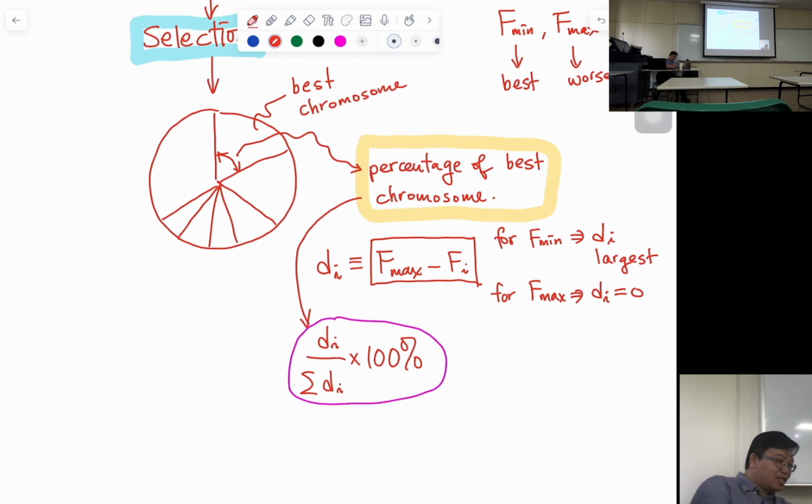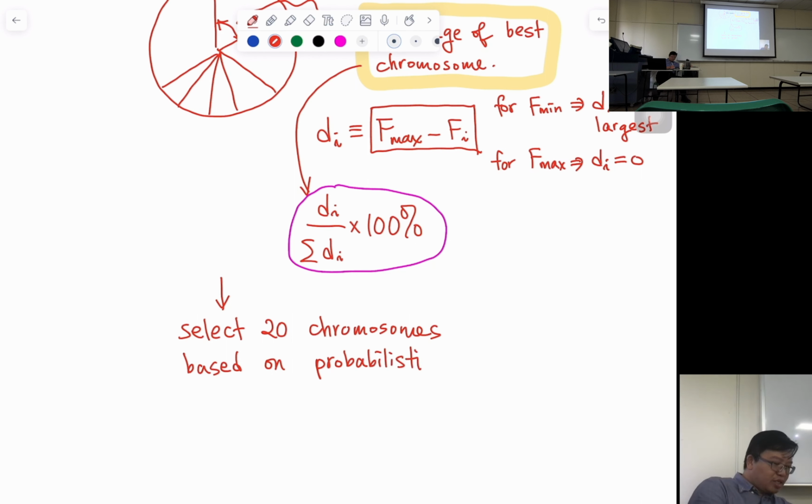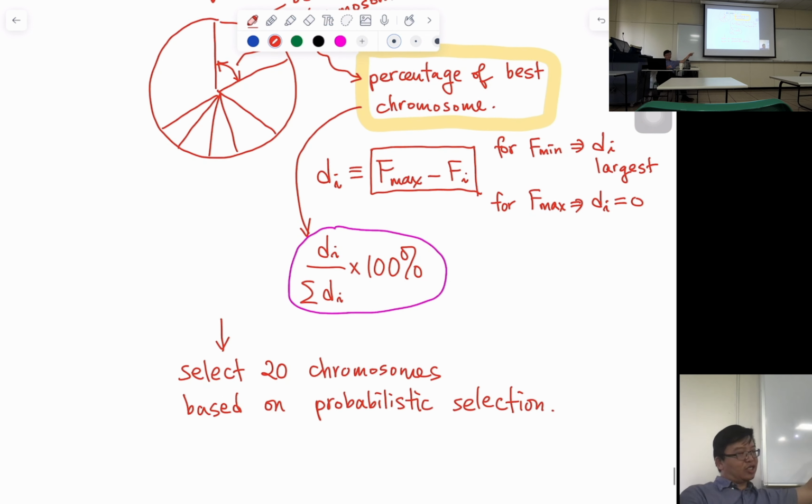So next, you will select 20 chromosomes based on this probabilistic selection. And because the best one has a greater percentage, it's possible for the best one to be chosen twice.